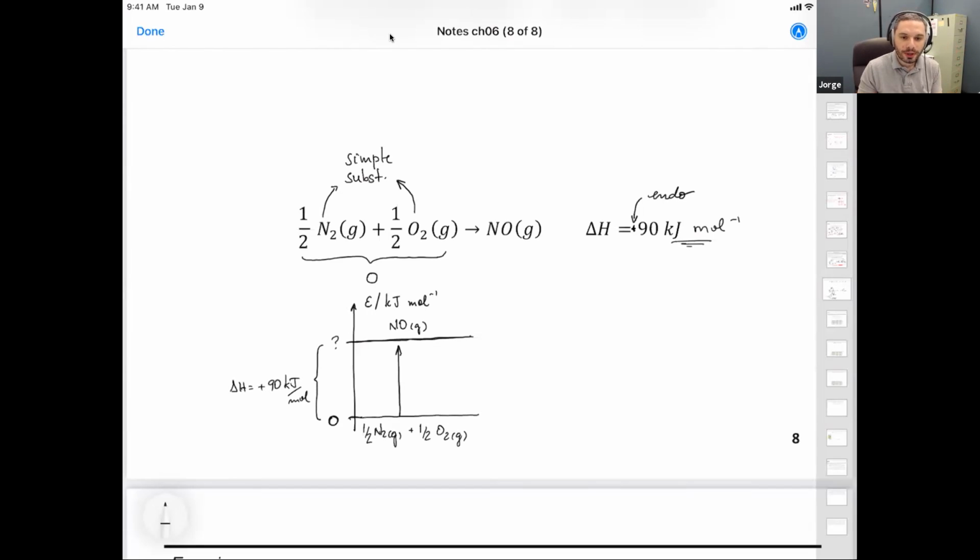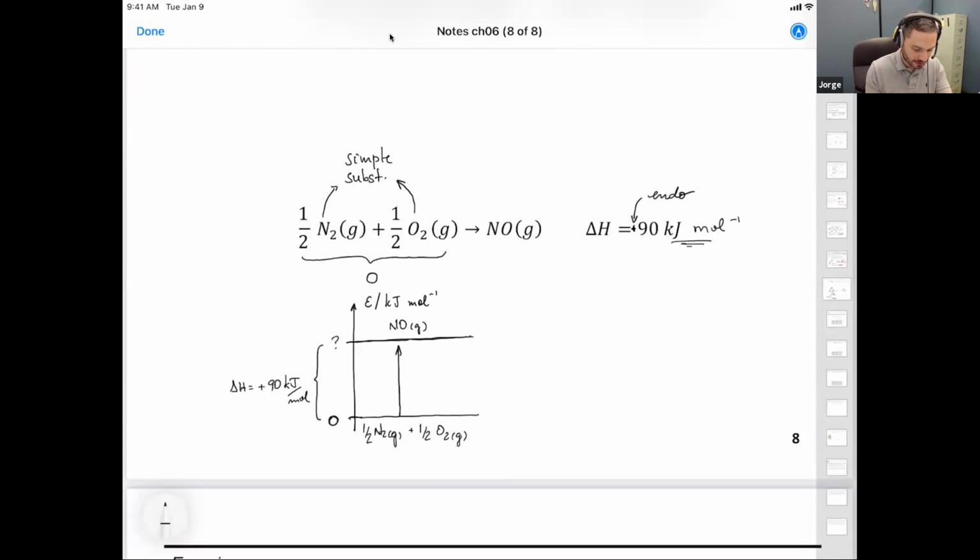So our goal here is the determination of the top energy level, which is the energy of 1 mole of nitrogen monoxide molecules.